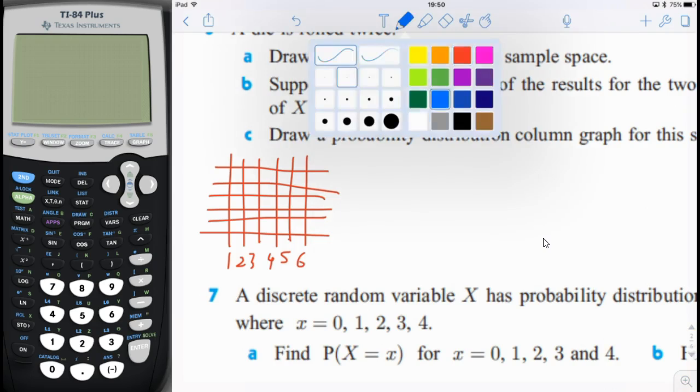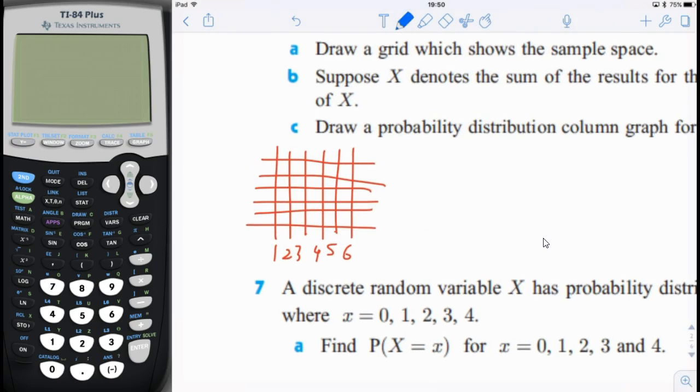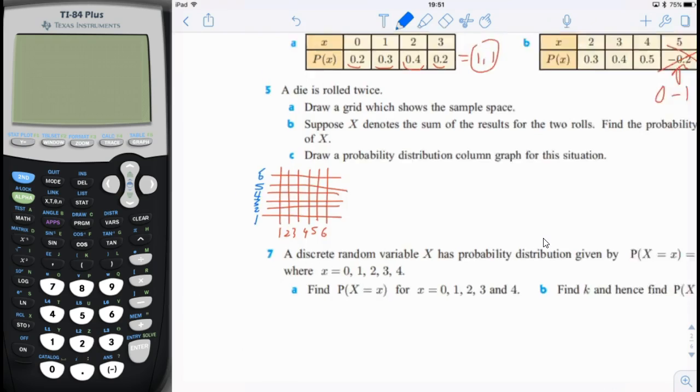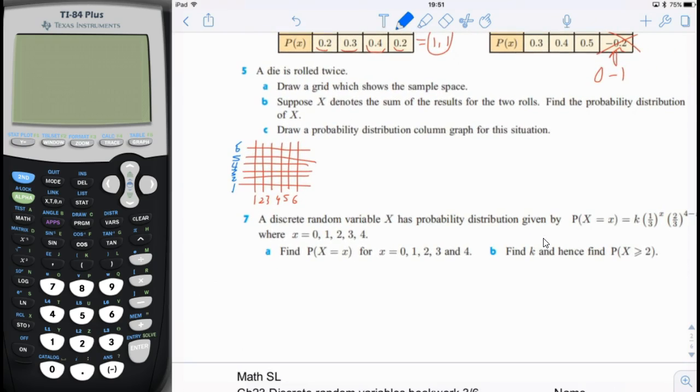I put all the possible rolls of the red dice and all the possible rolls of the blue dice, and then the grid is a matrix of all the possible combinations, like red 4, blue 5, etc. Every single possible combination that can happen. You can quickly look at the grid and note that there are 36 possible combinations that can happen, right? Maybe I should say permutations.